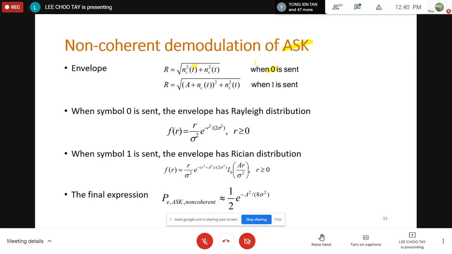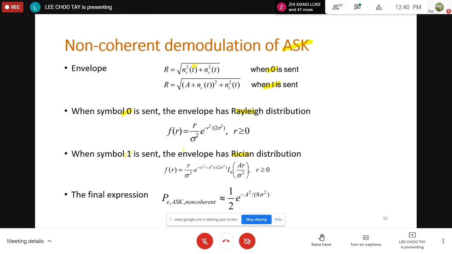When we send a 1, the envelope consists of the amplitude of the carrier plus the noise. When a 0 is sent, the envelope has a Rayleigh distribution, and when a 1 is sent, the envelope has a Rician distribution.